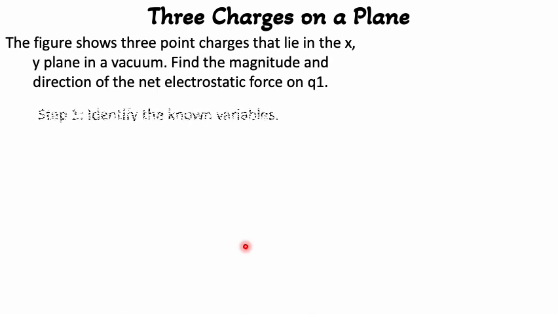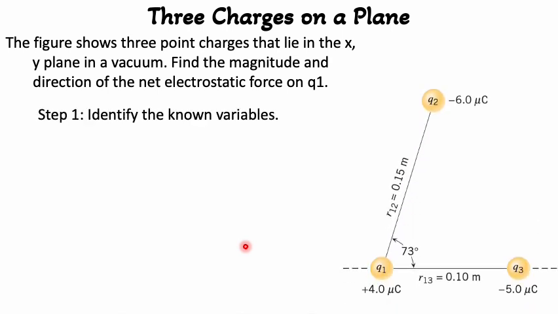So, here in this figure, it shows 3 point charges that lie in the X and Y plane. So what we are going to find out is the electrostatic force, the magnitude and direction of the electrostatic force on Q1.